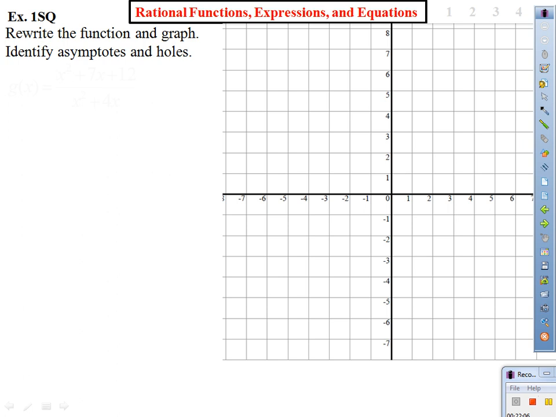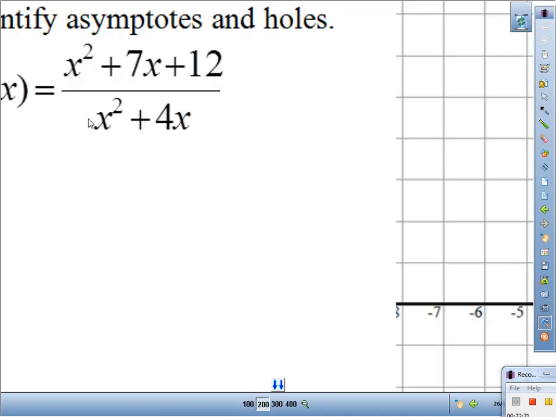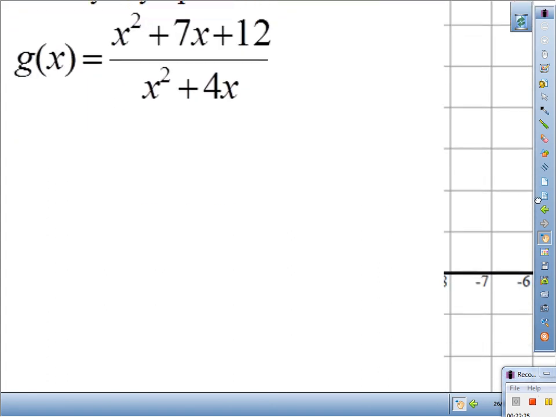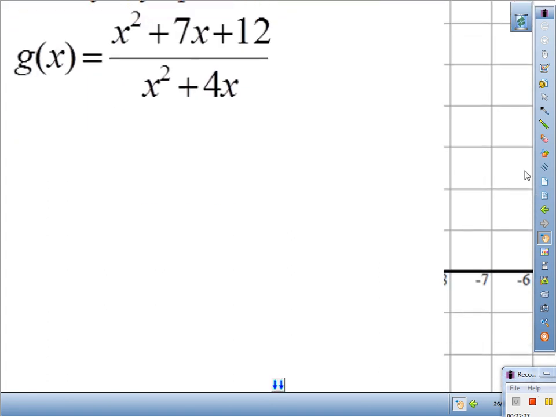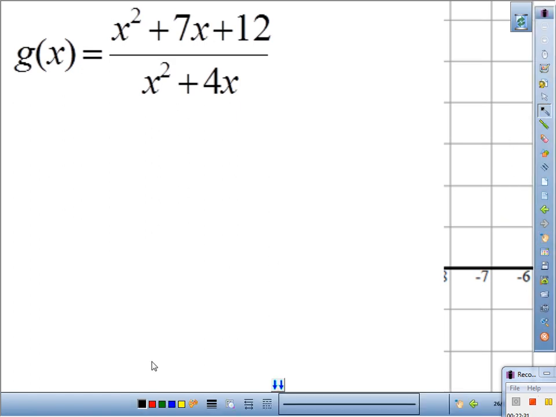G of x equals x squared plus 7x plus 12 over x squared plus 4x. Get us started, please, Ramon. What do we do for step 1?